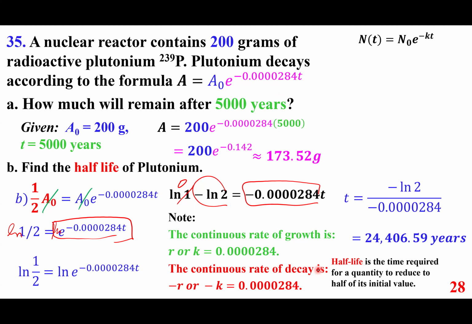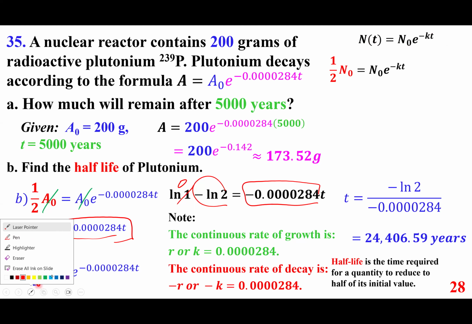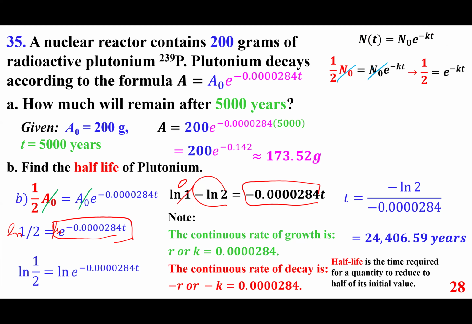Now, I want to show you how to find the half-life in general, never mind this one. So if you look at this one, half-life, that means N sub 0 is the original value. Half of it is left. Again, like I said, they cancel each other. And now we're going to take the natural log of both sides because you want to get to t and the base is e.